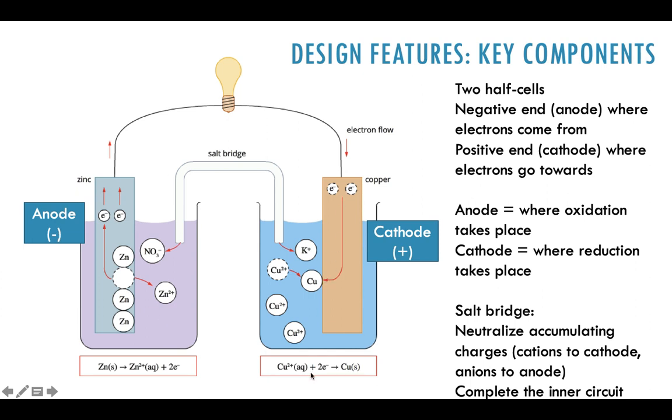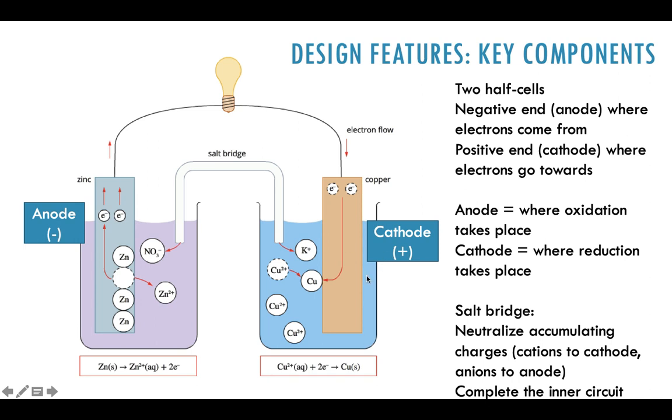On the other end, copper is being reduced, gaining electrons to become solid copper, so this part is the reduction half, and therefore that's the cathode. And where electrons come from is defined as the negative end. So that's why the anode is the negative end here. And where electrons arrive, that's the positive end.